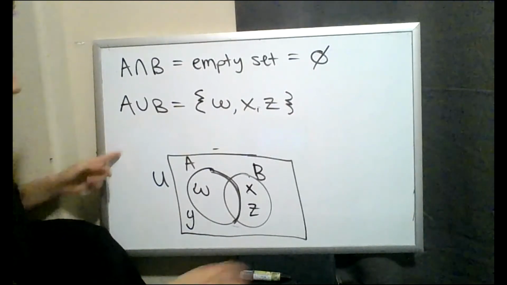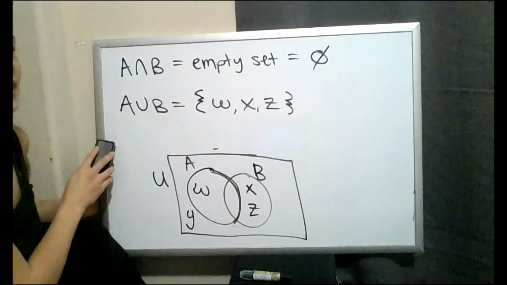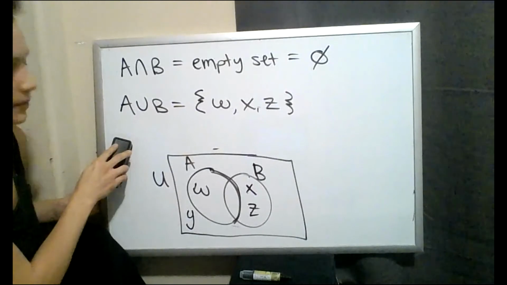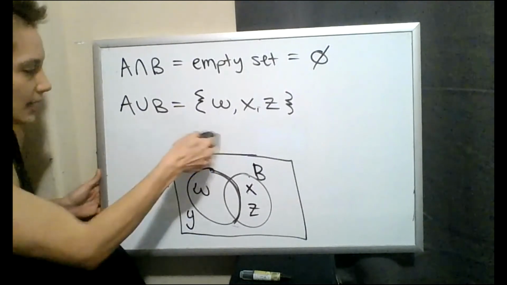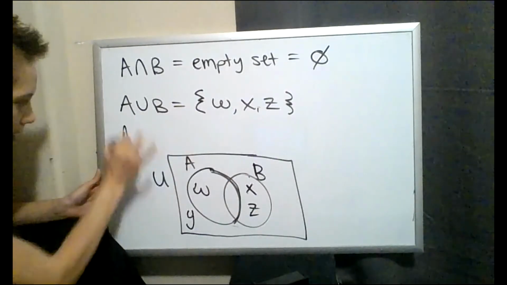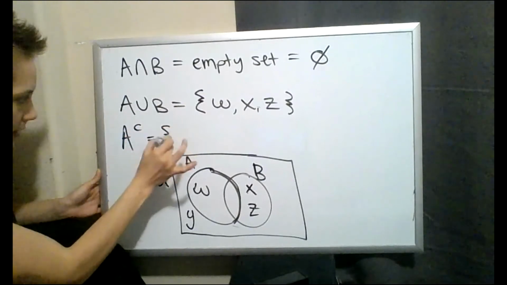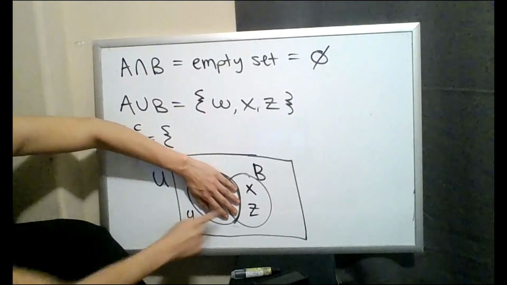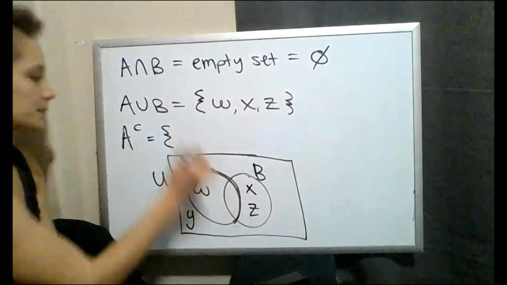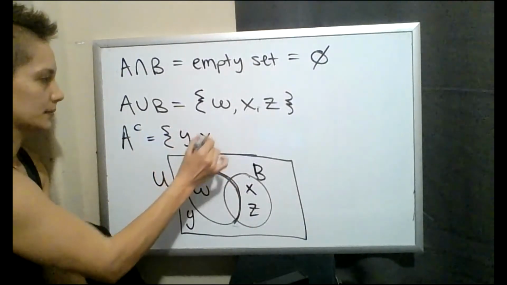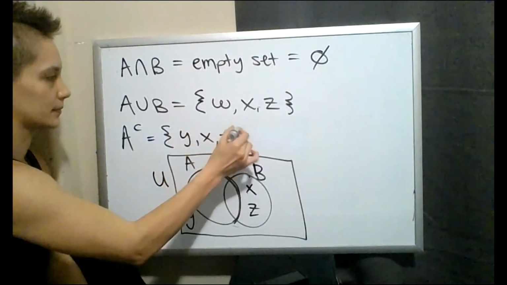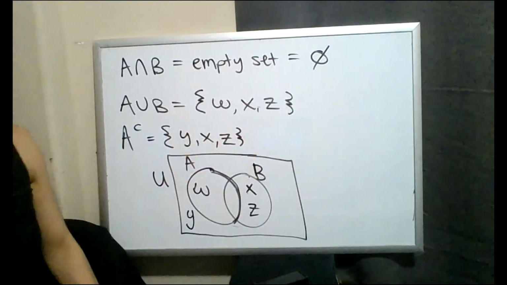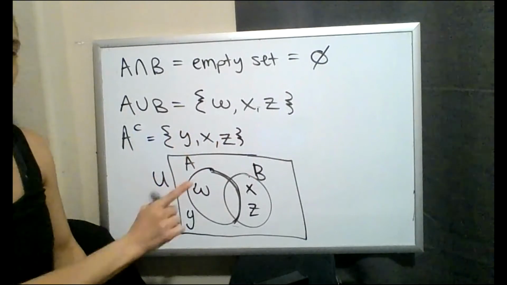A complement is everything that is not in A. So if you have a picture, you can cover up that set and use Y, X, and Z. And then B complement.